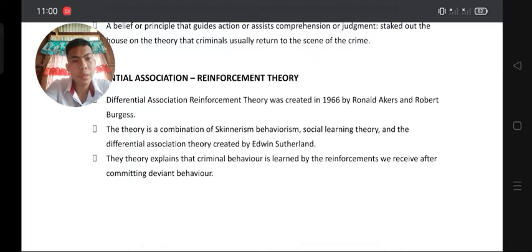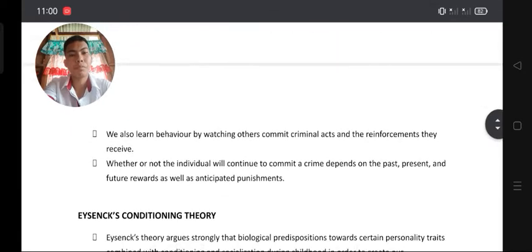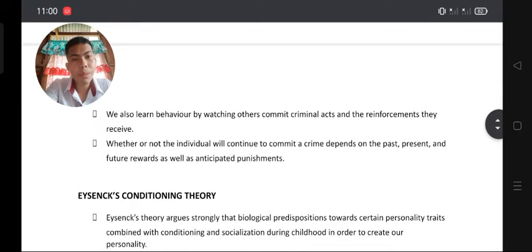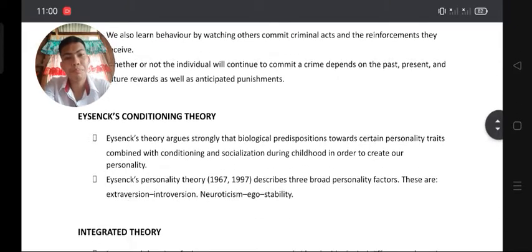The theory explains that criminal behavior is learned by the reinforcement we receive after committing deviant behavior. We also learn behavior by watching others commit criminal acts and the reinforcement they receive. Whether or not the individual will continue to commit crimes depends on the past, present, and future rewards as well as the anticipated punishments.